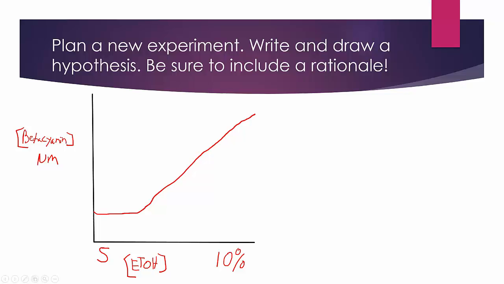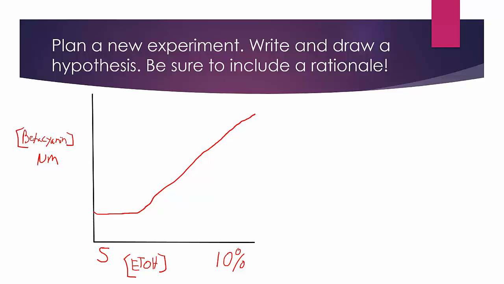It depends on what you think is happening. You don't want to make this up. You want to base it on reason and logic. So that is the graph of a hypothesis. It's just a sketch, a quick sketch of what the data will do. You also want to write your hypothesis. So you might write if ethanol concentrations increase beyond 5%, then cell membrane damage will occur.